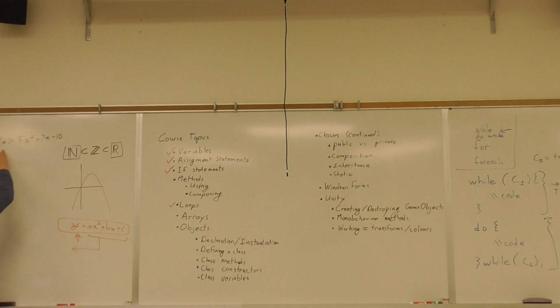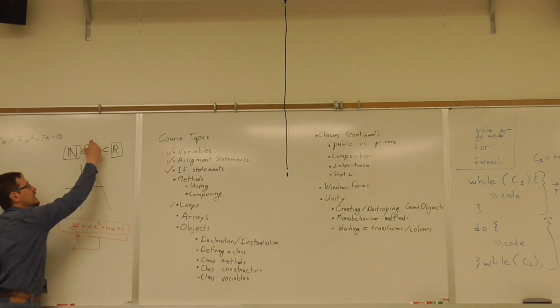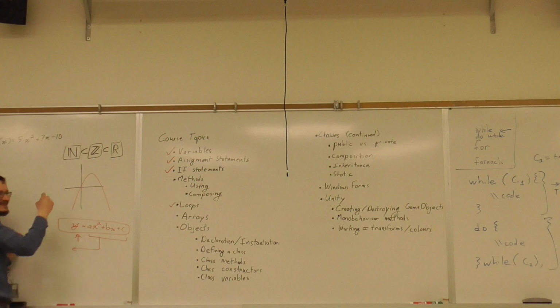Anyway, the data type associated with real numbers in real mathematics is which? It's float or double, right? Integers are for integers, yes. So this is float, so we will want a float going in and a float coming out. So the return type will be float.